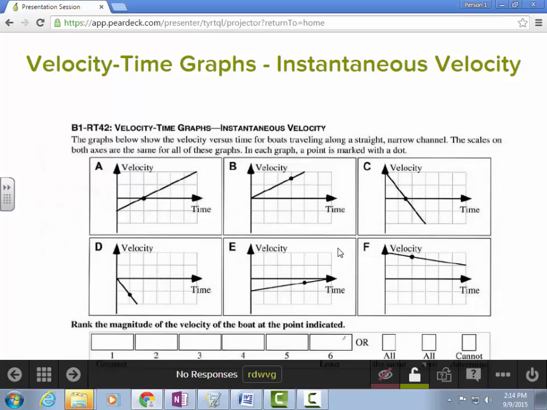And the way you're going to write it, if two things are equal, you're going to write it like this: A equals B greater than C, or greater than C equals D greater than E. Does that make sense?